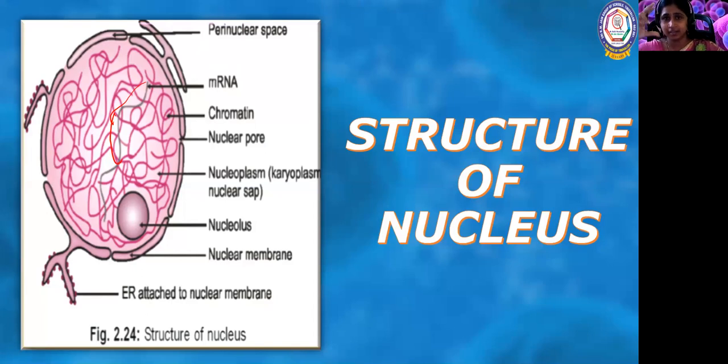When it is condensed during the cell division stage, you call it a chromosome. You can see the nuclear sap, otherwise called karyoplasm. And the other spherical ball-like structure I mentioned is the nucleolus. The ER is seen to be attached here.